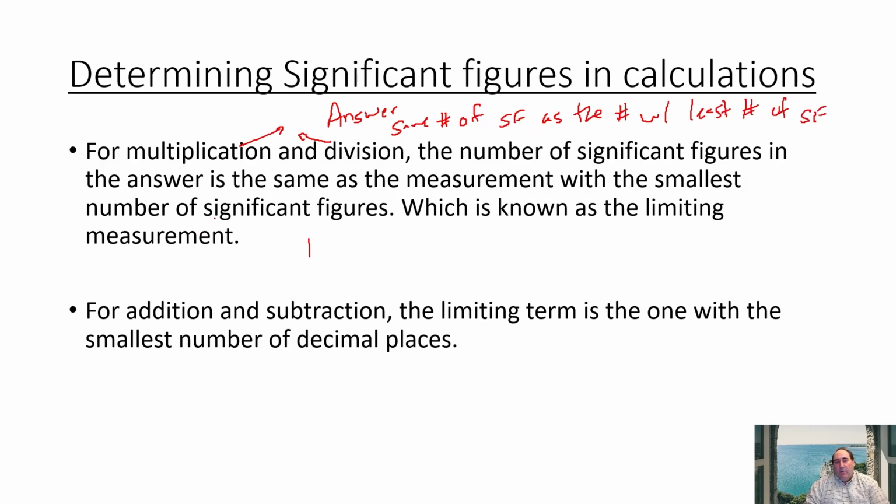So if you were to take 1.2 times 3,222, that is 2 significant figures times 4 significant figures. My answer should end up with 2 significant figures.